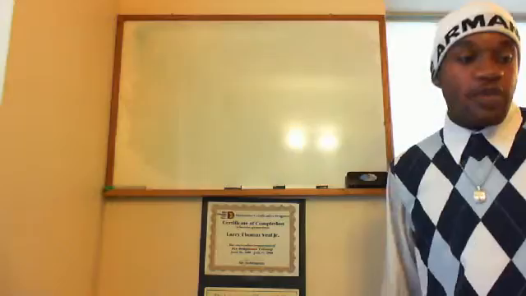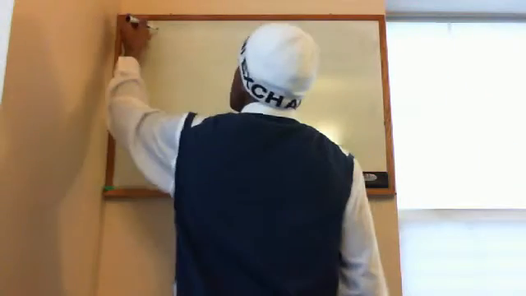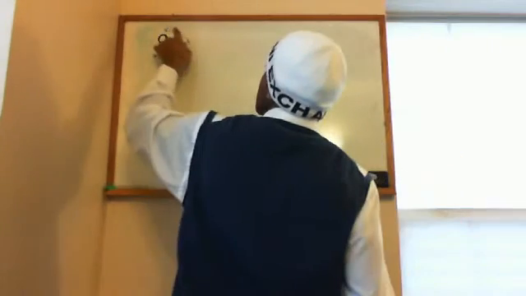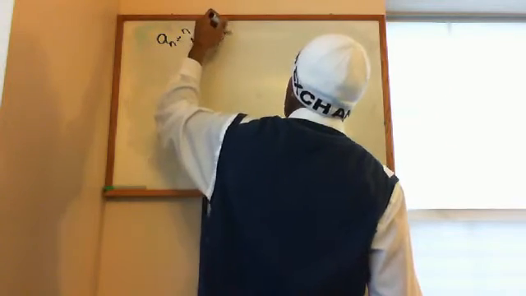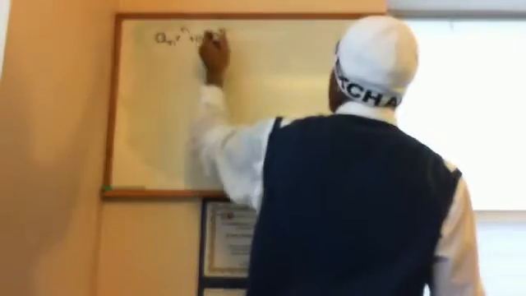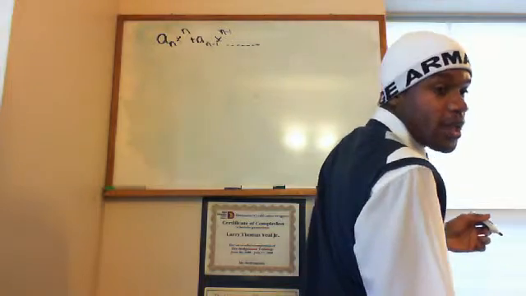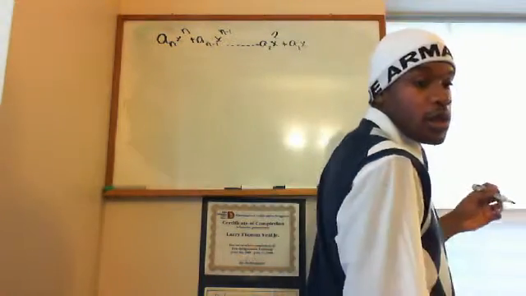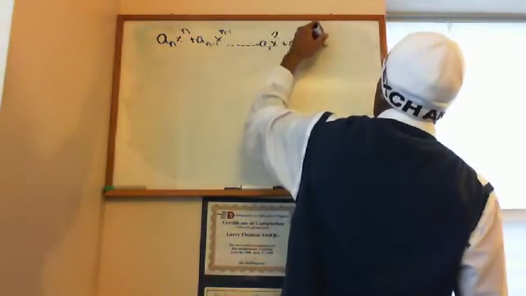A polynomial of degree n in one variable x is an expression of the format, in decreasing order from highest exponent to lowest: a sub n x to the n, plus a sub n minus 1 x to the n minus 1, and it keeps continuing until a sub 2 x squared, plus a sub 1 x to the 1, which is basically just x, plus a sub 0.